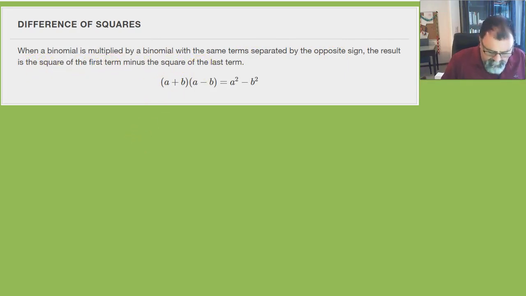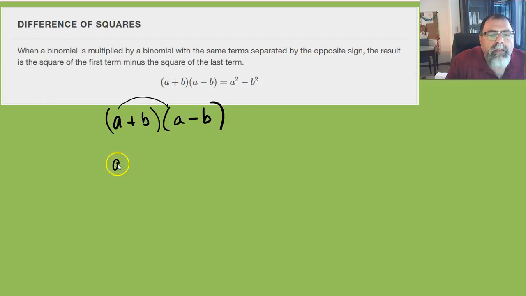So let's look at this. Again, it's a special case; if I were to distribute or FOIL, since it's 2 terms, if I do the first terms, that's a squared. Outside terms, it'd be a times negative 1b, so that'd be negative 1ab.